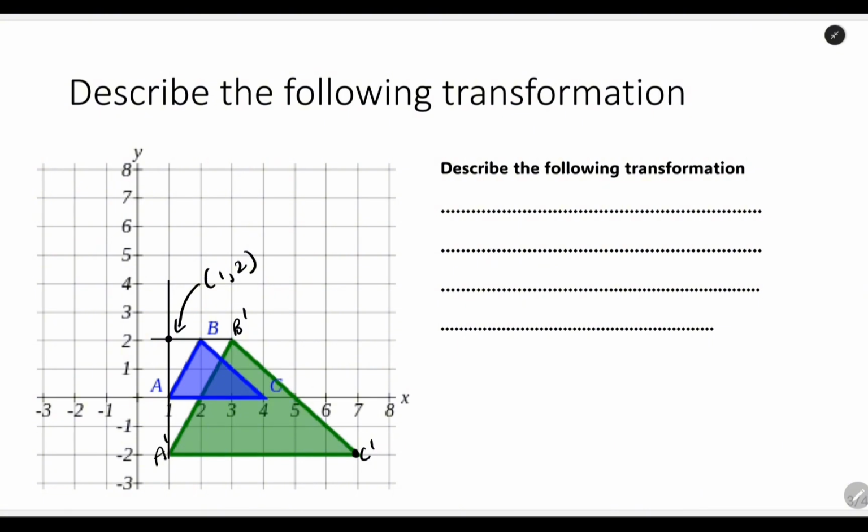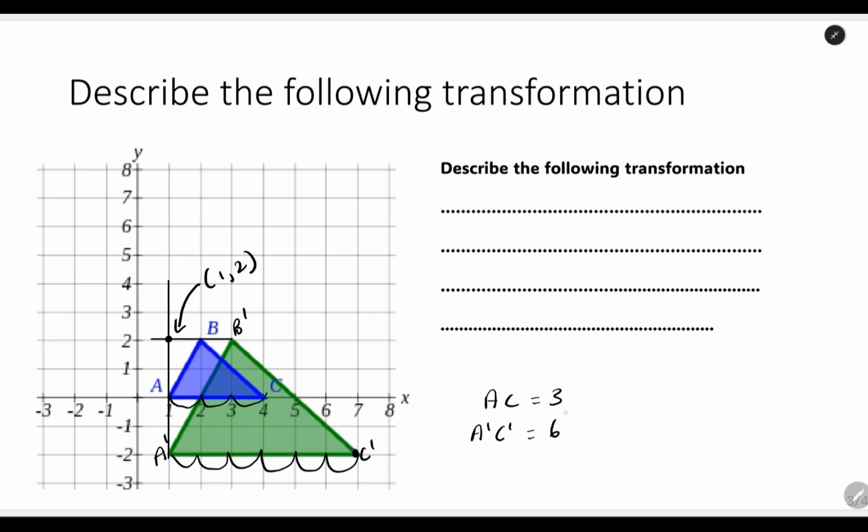Now let's see how we can find the scale factor, how big the shape increases. We can choose a side, AC. AC has a size of 3 units. The corresponding side, A prime C prime, is 1, 2, 3, 4, 5, 6, so 6 units.